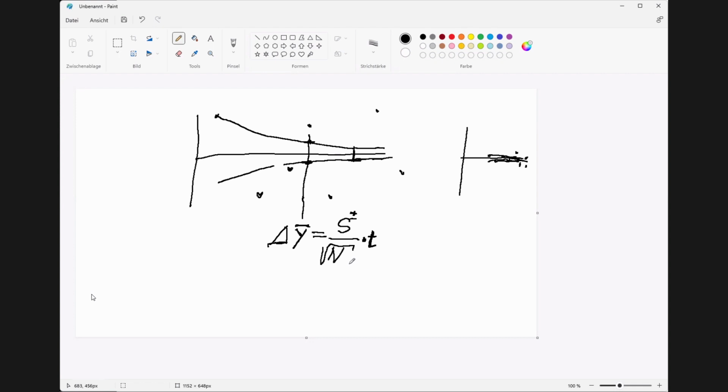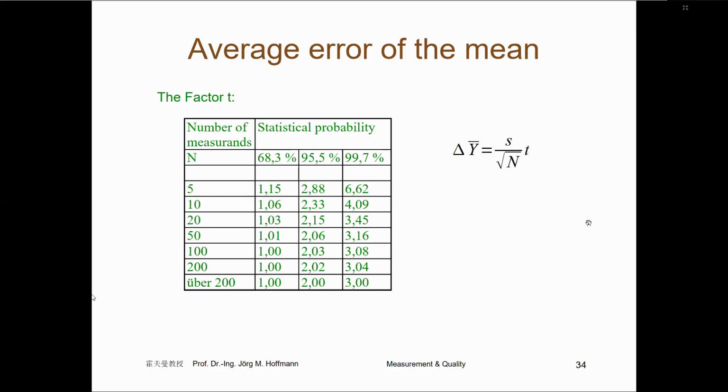And when you look in this table, you have here n, the number of measurements. You have here the statistical probability, how many measurement values are in this range. That is 1s, 2s, 3s.